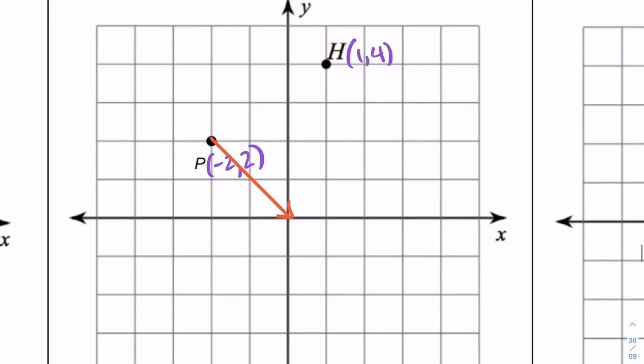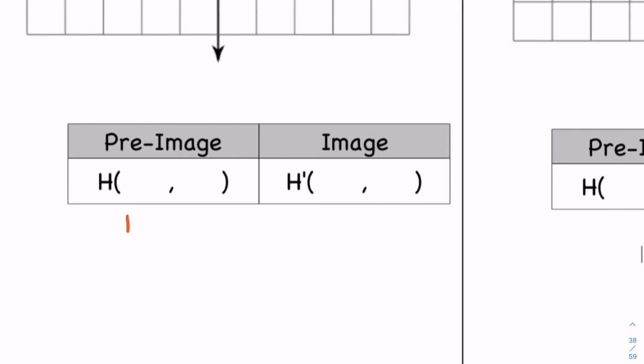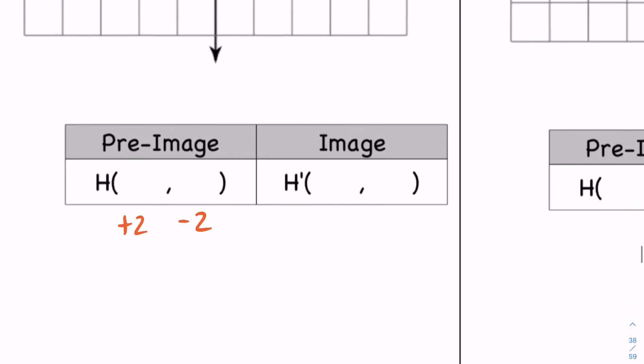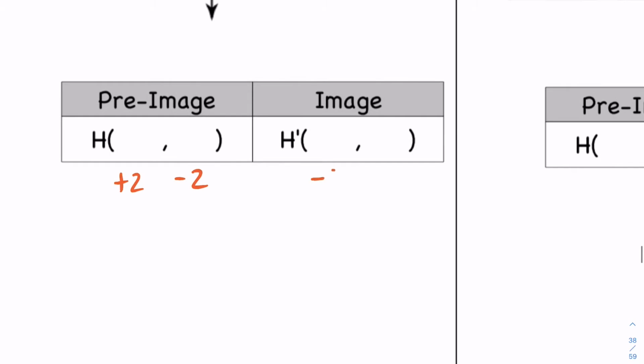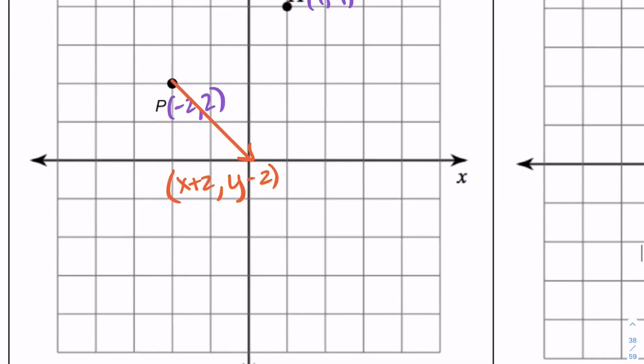We would have to add 2, so it would be x plus 2, and y minus 2. So we're going to do plus 2 and minus 2. To get it back, we're going to do minus 2 and plus 2, right? We got to fix it. We got to put it back to where it was, which is going to be the reverse order.